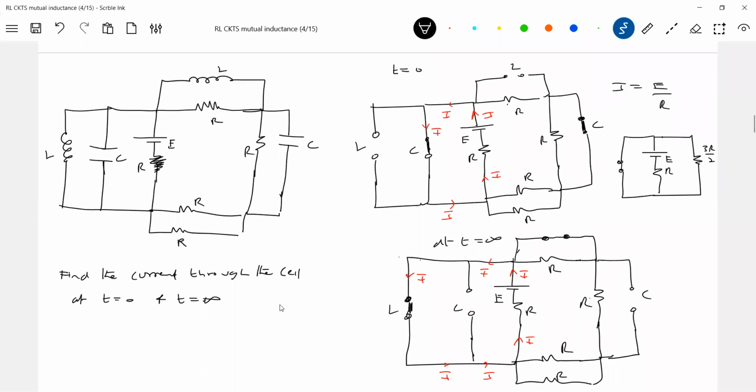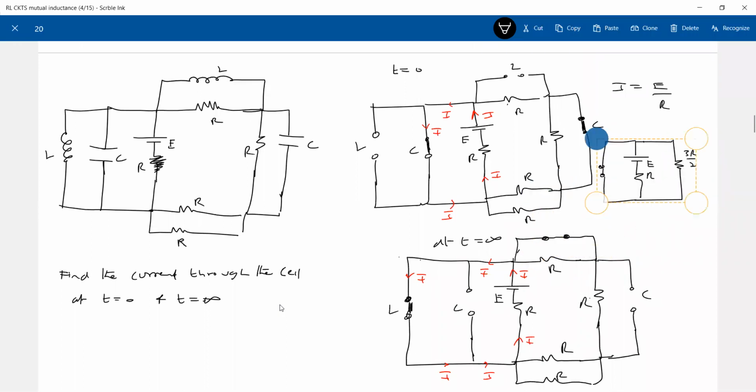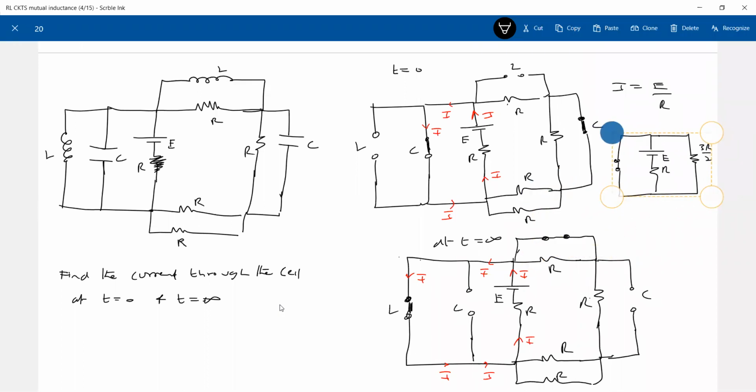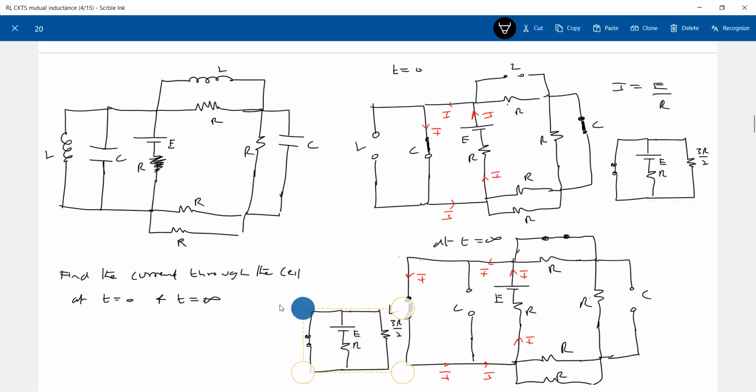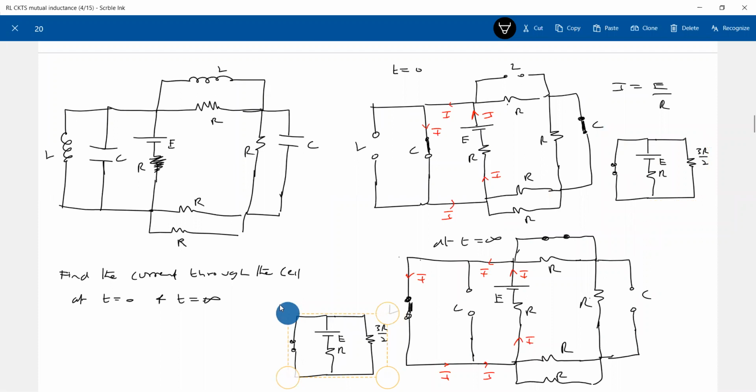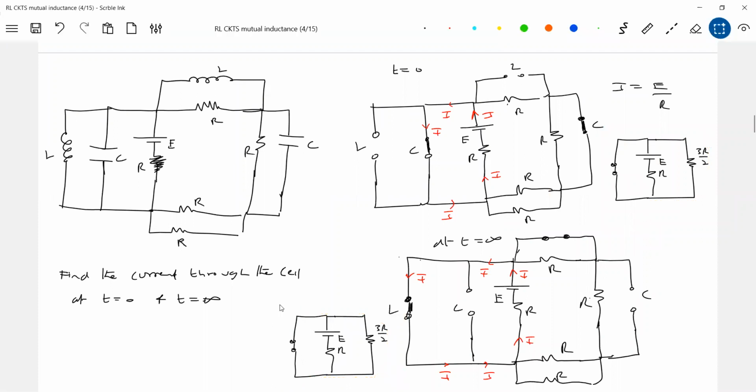The same similar diagram will appear again for this. So what is the overall current? The current has to take a path like this.